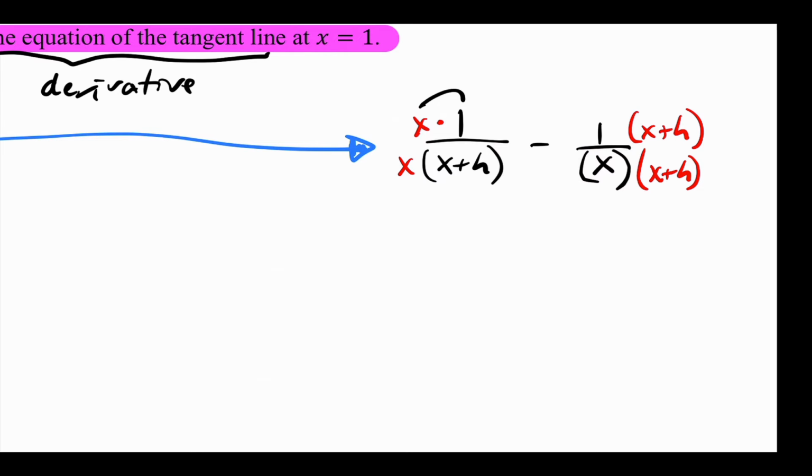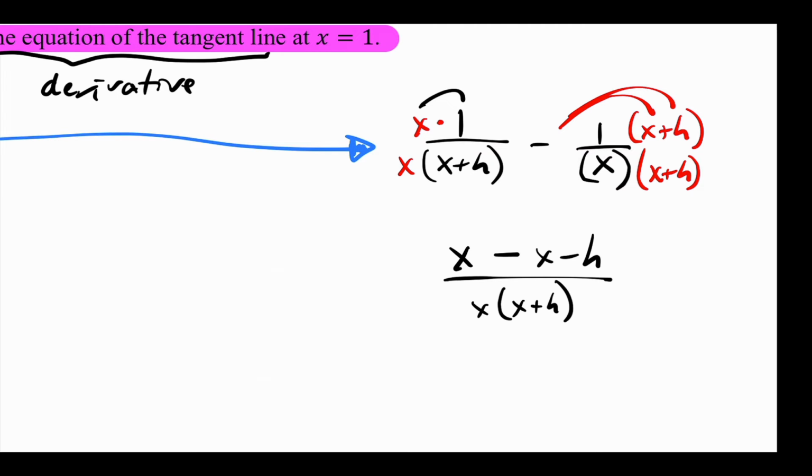So I get 1x minus, and then I've got to distribute the negative, so negative 1x minus h over x times x plus h. I can cancel out the top, since they're just opposites of each other, and I'm left with negative h over x times x plus h.